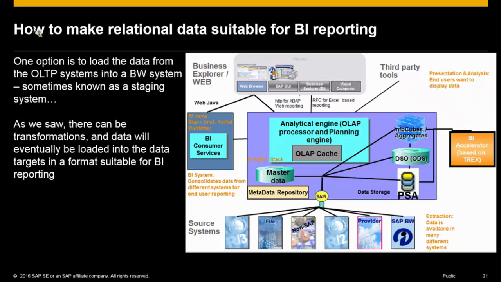So, how to make the relational data suitable for BI reporting? You can load the data from the OLTP system into a BW system as described, and that will eventually load the data into a format suitable for BI reporting.